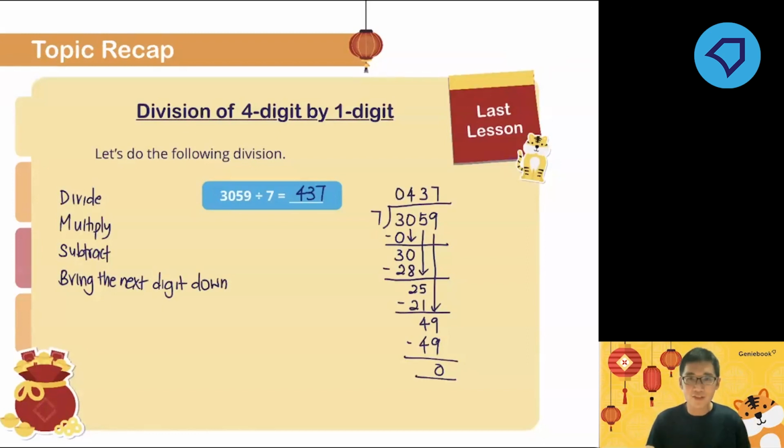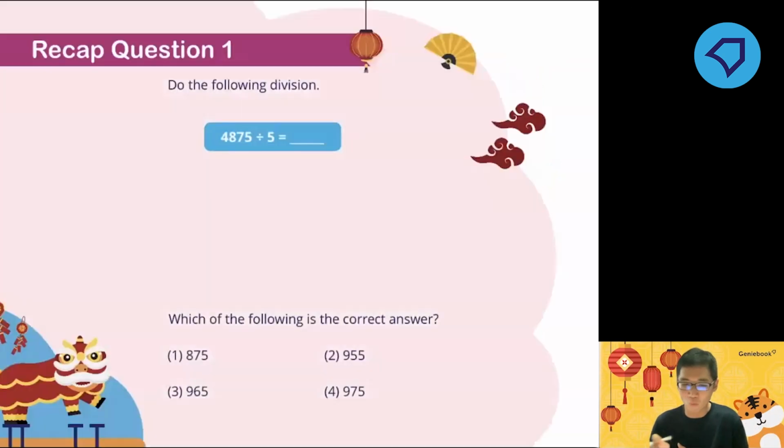Anyone here needs me to explain again? If not, we'll go into our first bubble question already, very fast. Your first bubble question, your first ang pao from Mr. Yan. Bubble question 1, recap question 1. Do the following division for me.